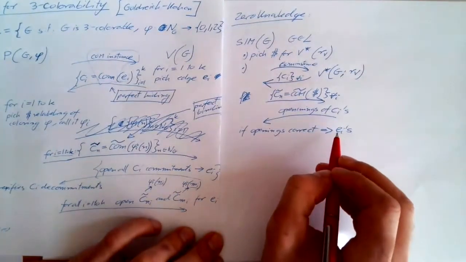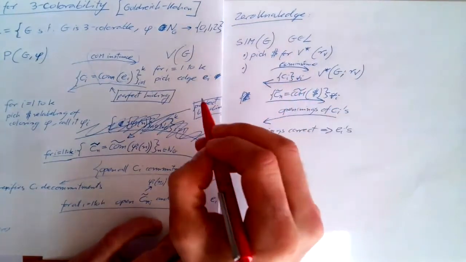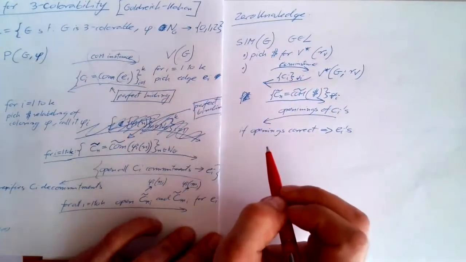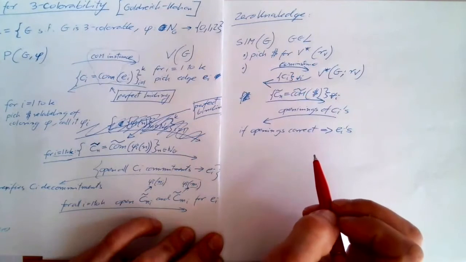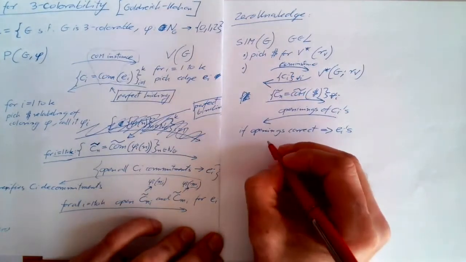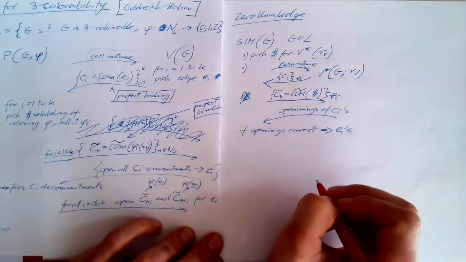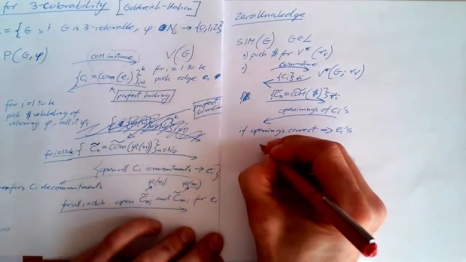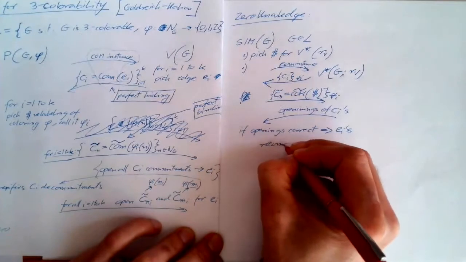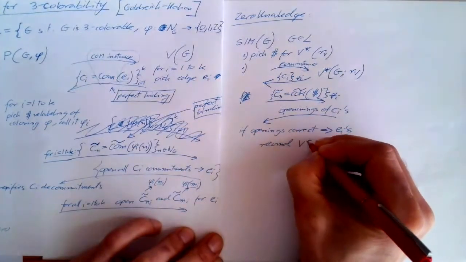So now the simulator knows which edges the verifier has picked and committed in here. He cannot create the correct openings, but that's okay.